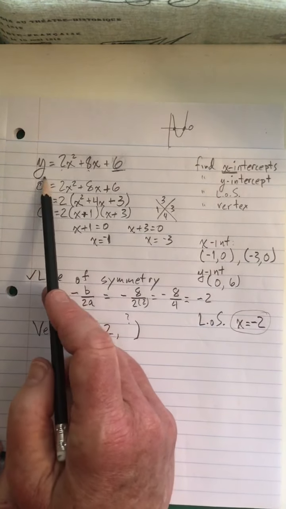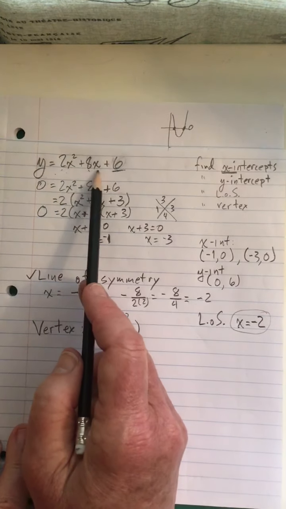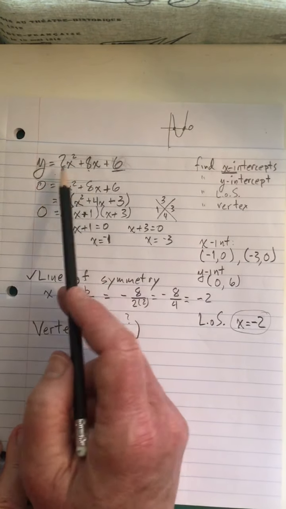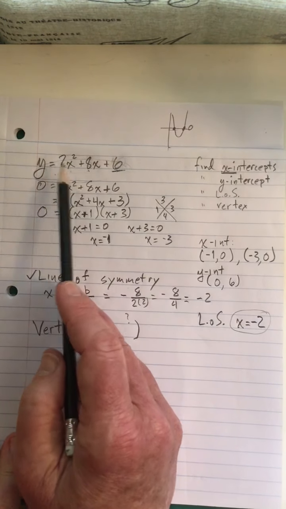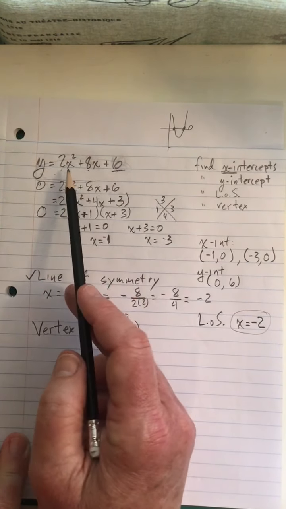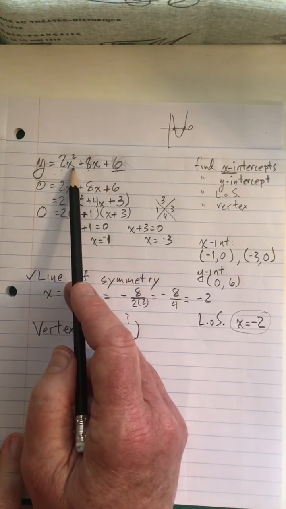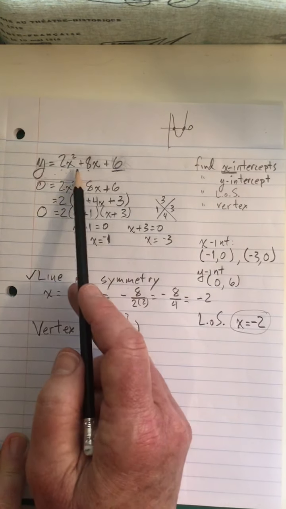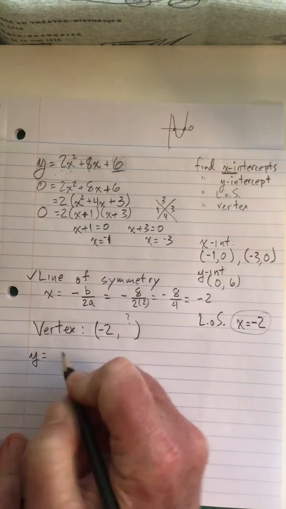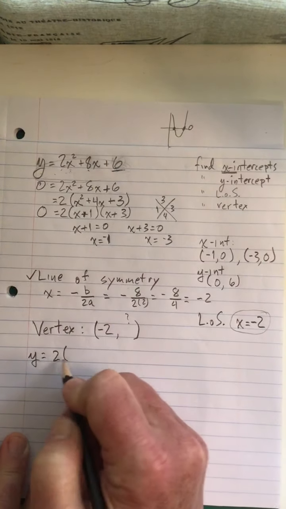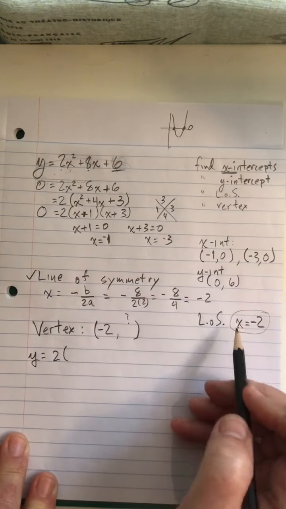Well, it's actually pretty easy. We've got this equation right here, y equals 2x squared plus 8x plus 6. We got our parabola right here, got this equation. If I know what the x value is, but I don't know what the y value is, all I got to do is plug in that x value that I know into the equation, and then that'll tell me what the y is. So let's just do that. y equals 2 times x squared, but x is negative 2.